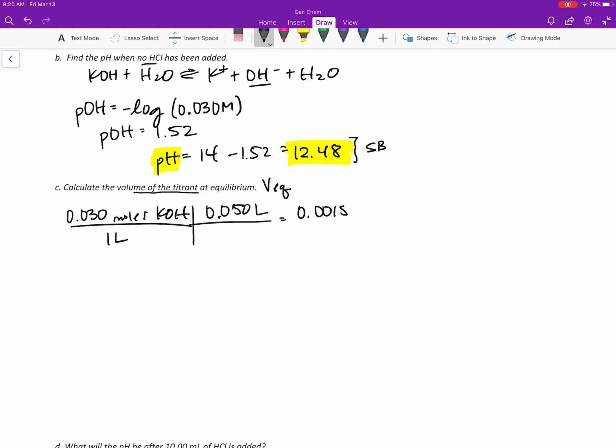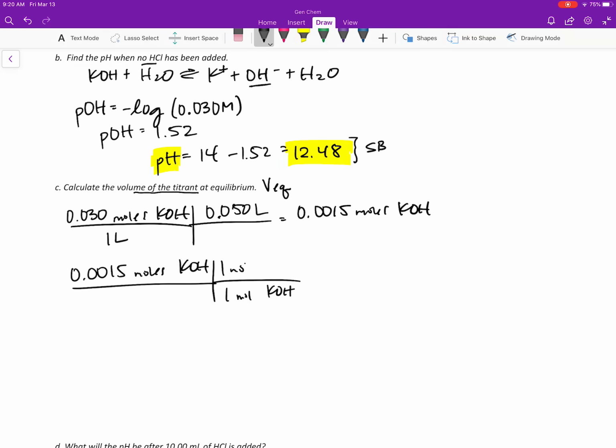And I'm starting with 0.0015 moles of KOH. Because it's in a 1-to-1 ratio, yes, I could just skip a step, but because it may not always be 1-to-1, I'm going to go ahead and write out the conversion based on the balanced chemical equation.